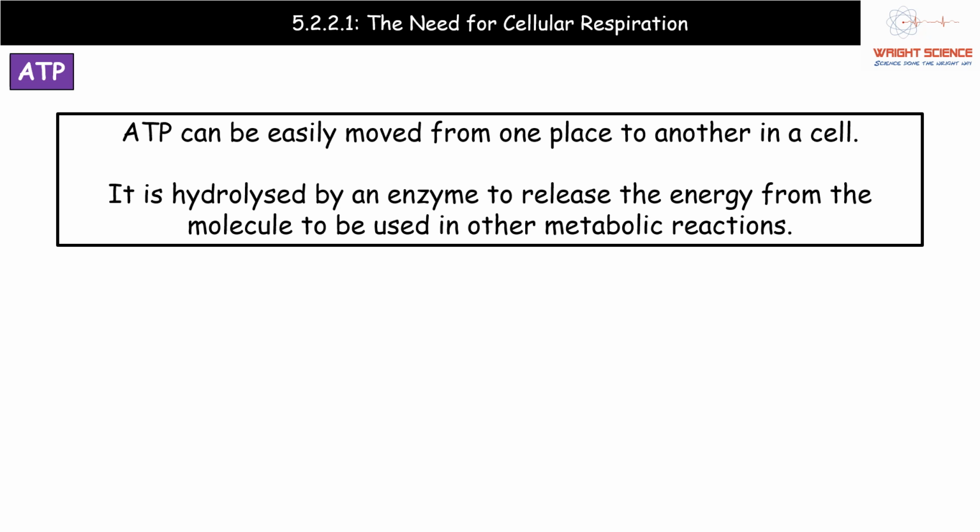And obviously if we're making this in one particular region that respiration occurs in, we may need it in a completely separate part of the cell. So we've got to be using something that is easily transportable, and that's ATP. When we actually have that requirement for energy to drive a process, then we're going to have this hydrolysis reaction take place through the action of an enzyme, and that's going to lead to the energy from that ATP being released so that it can be used for whatever metabolic reaction we require.